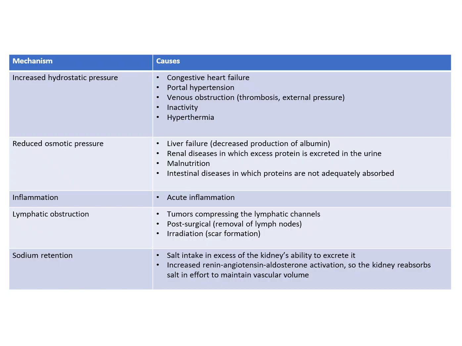Next, we have reduced osmotic pressure. This mechanism is all about albumin. If albumin levels drop, blood loses its ability to pull fluid back into capillaries. So common causes include liver failure, where we'd see decreased albumin production, renal disease, where excess protein is lost in the urine, malnutrition, which is inadequate protein intake, and intestinal disease, where we would see poor protein absorption.